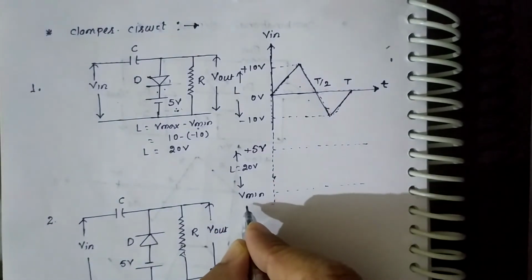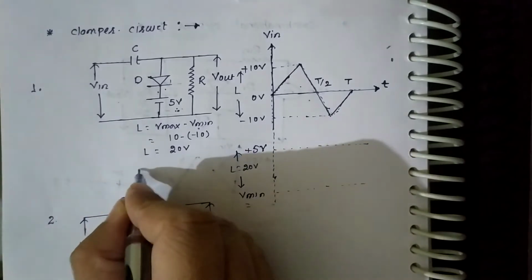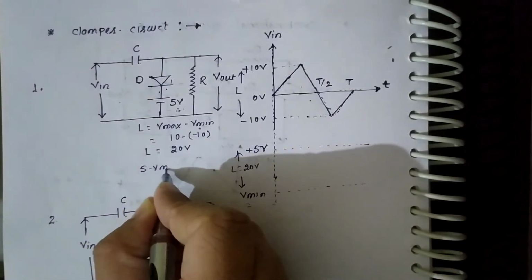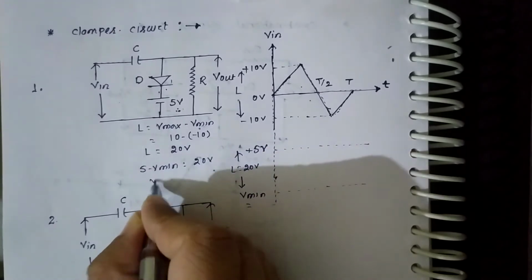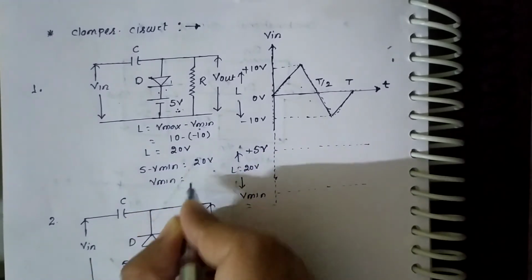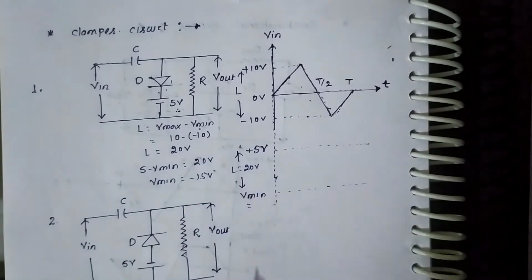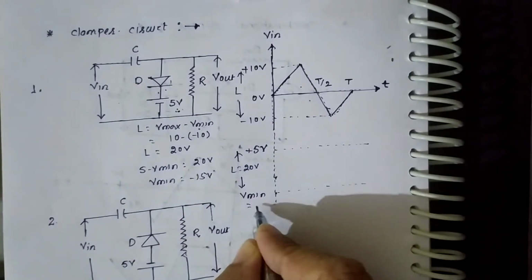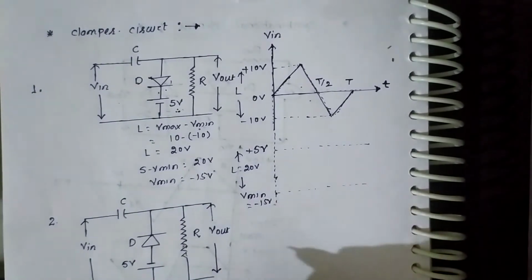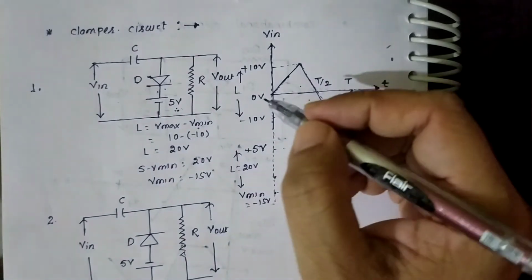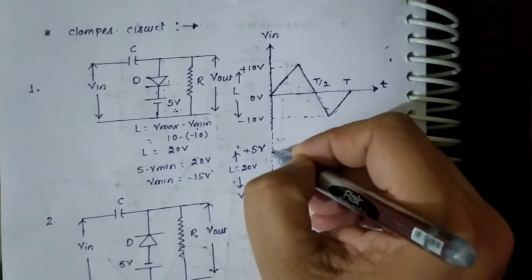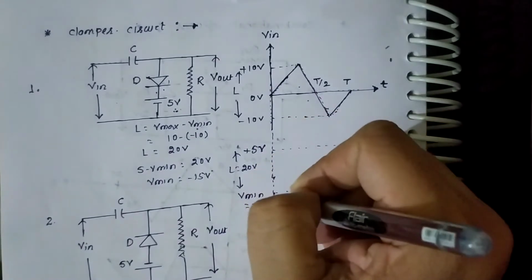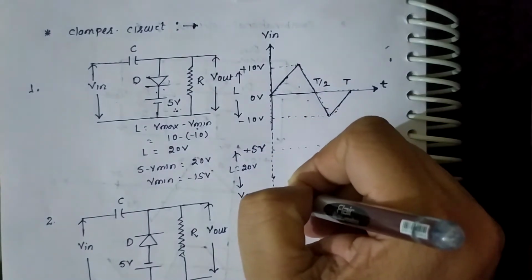Now we can calculate this V min. So 5 minus V min is 20. So V min equal to minus 15 volt. So this point is minus 15 volt. Now we can say this 10 volt is shifted to plus 5 and this minus 10 is shifted to minus 15.